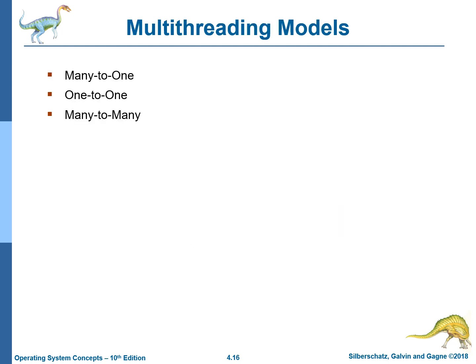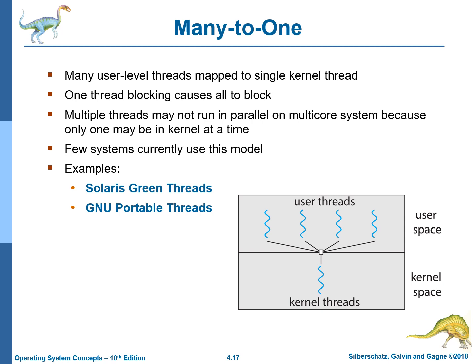There are three multi-threading models: many-to-one, one-to-one, and many-to-many. In the many-to-one model, many user-level threads are all mapped onto a single kernel thread. Thread management is handled by the thread library in user space, which is very efficient.